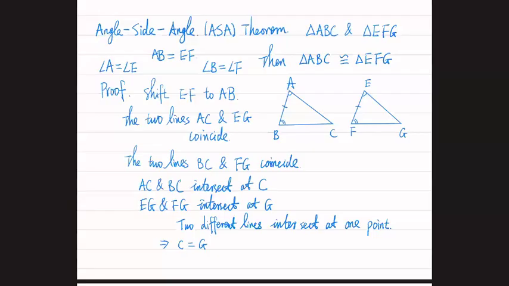Given the two angles B and F, of course they are different angles, but they have the same measurement. So when we say equal, we're talking about measurements, length, size.